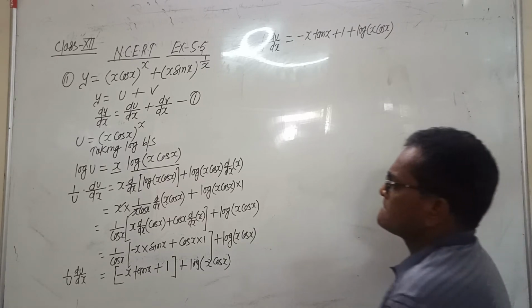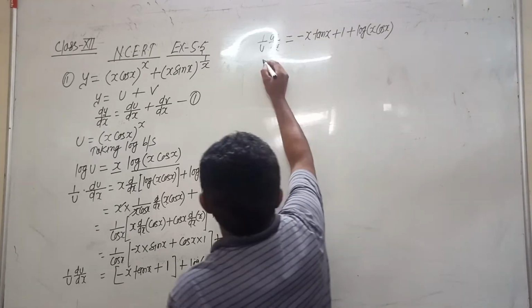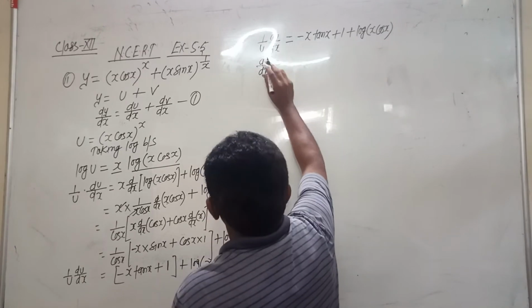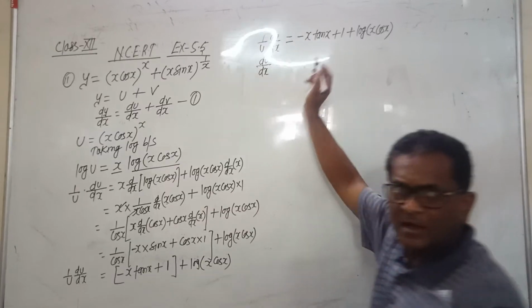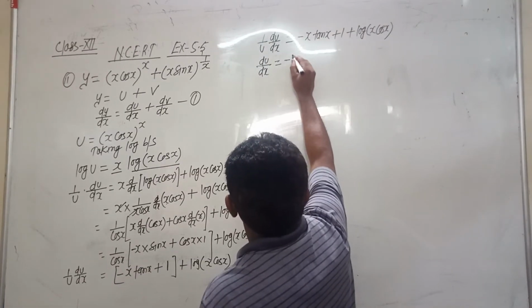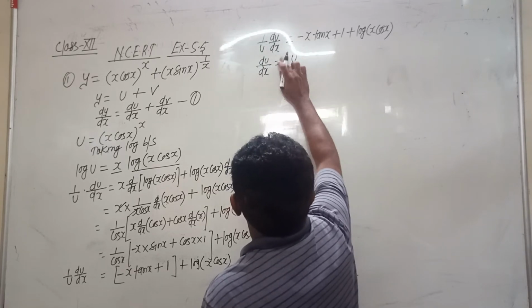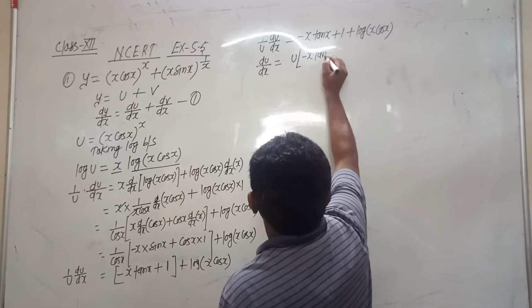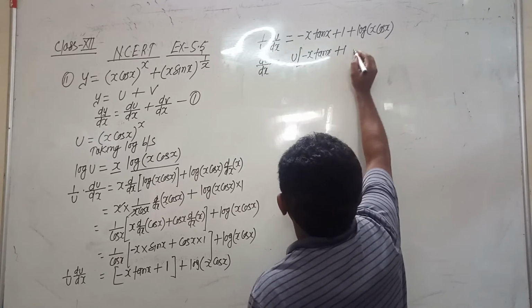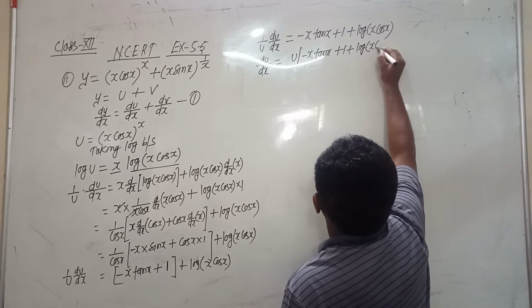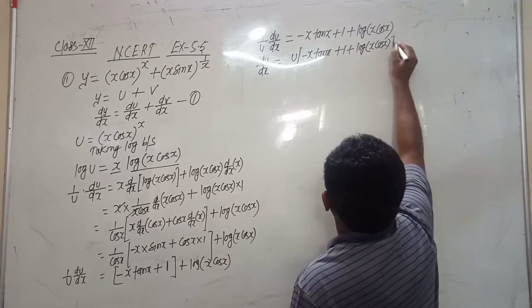So the value of du by dx comes to be, u will be transposed to the right side, so u times minus x tan x plus 1 and plus log x into cos x.